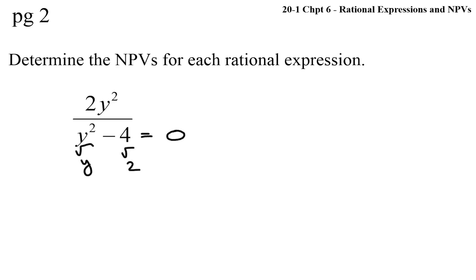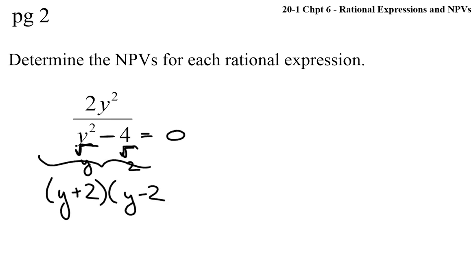Square root of 4 is 2. Two terms being subtracted, and they're both square rootable. So we get y plus 2 and y minus 2. That's just another form of y squared minus 4. y squared minus 4 is y plus 2 times y minus 2.